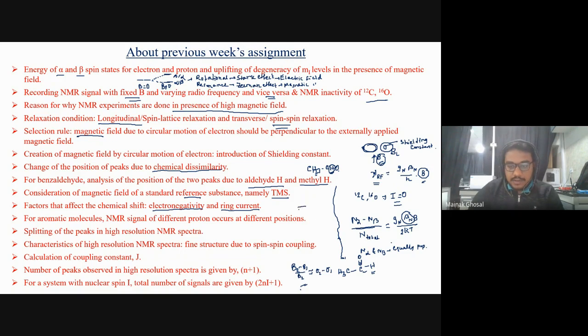Suppose you have a double bond molecule, C double bond C. Let me take the example of benzene, which will be very easy for everybody to understand. So this is benzene, a planar molecule, and here there is some electron density, and there is some electron density.